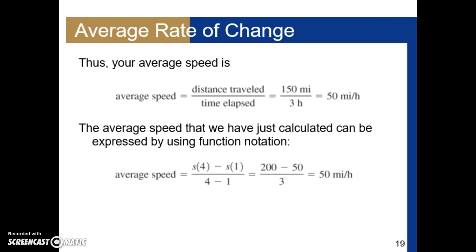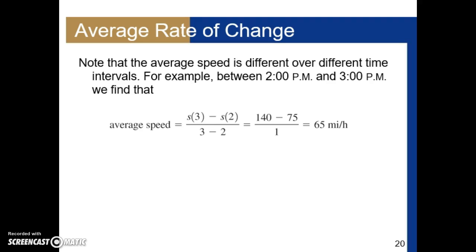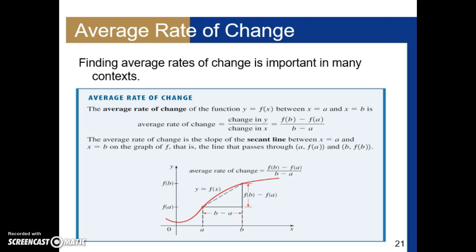So let's look at another example. Let's just talk about, in general, the average rate of change. This is where we're looking for the change in range values divided by the change in domain values.